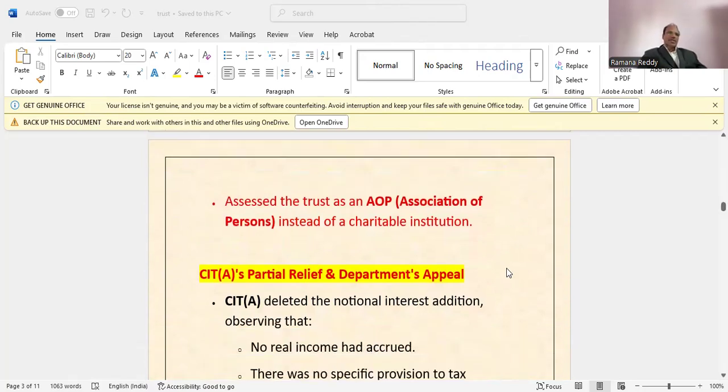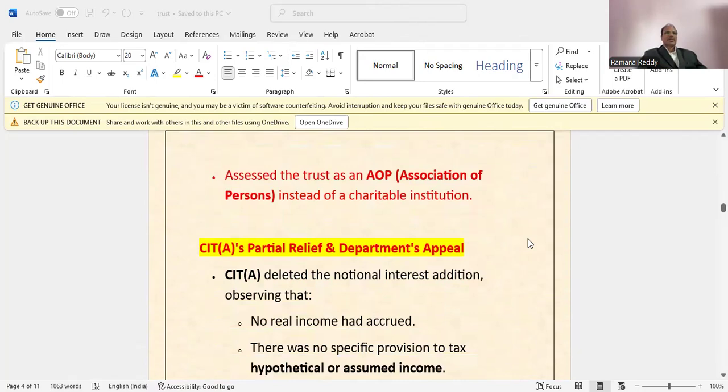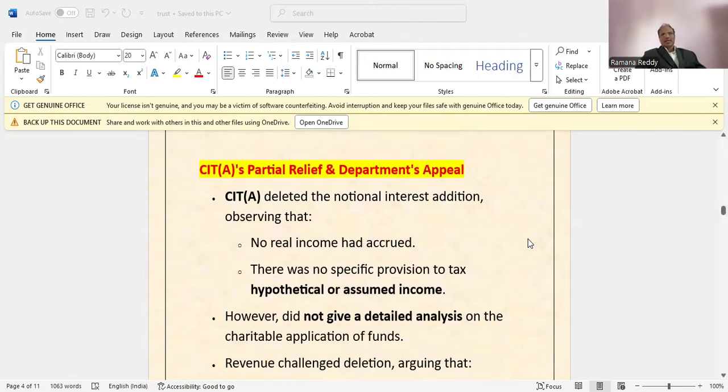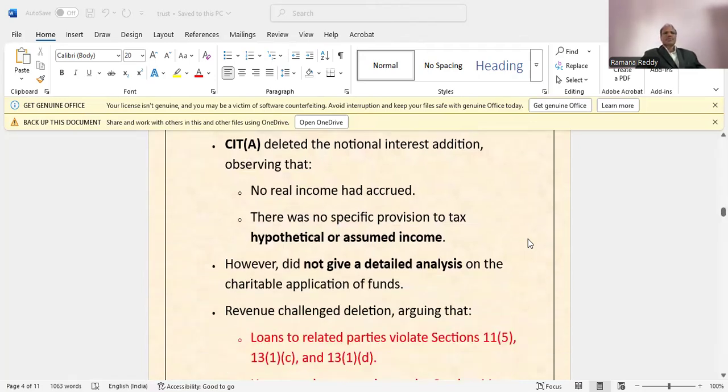Now we'll see the Commissioner of Income Tax Appeals, partial relief, and the Department's appeal. The CIT(A) deleted the notional interest addition, observing that no real income had occurred. There was no specific provision to tax hypothetical or assumed income.